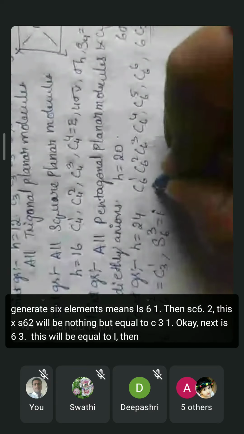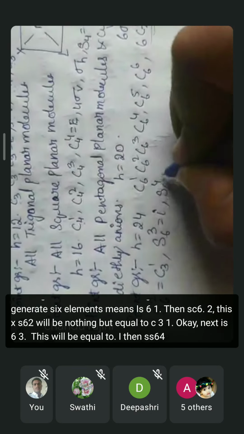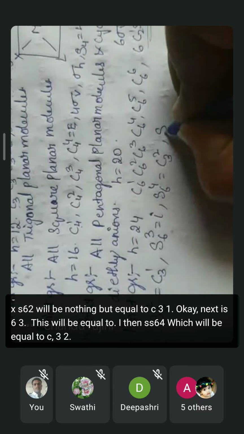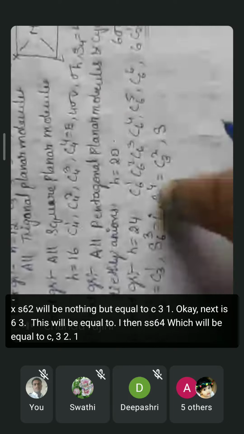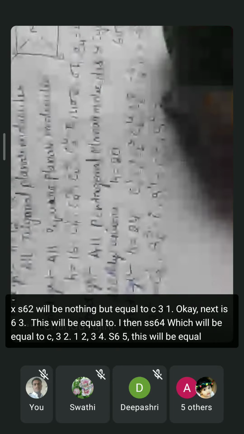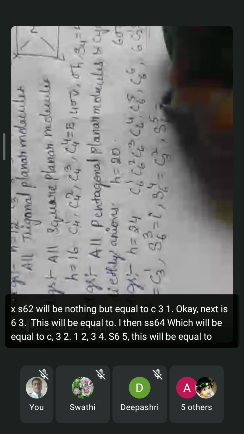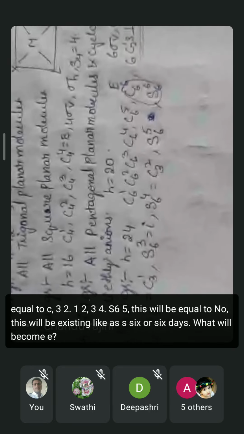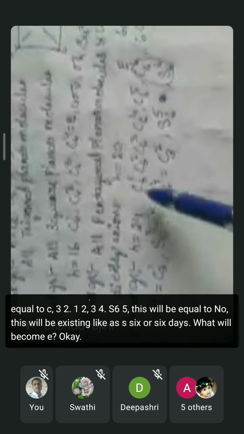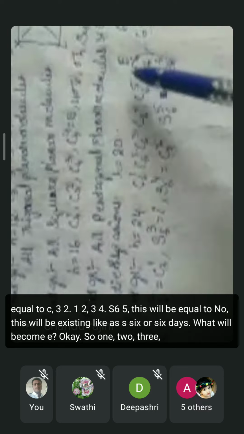Then S6^4, which will be equal to C3^2. S6^5 will exist like that, and S6^6. These both will become E.